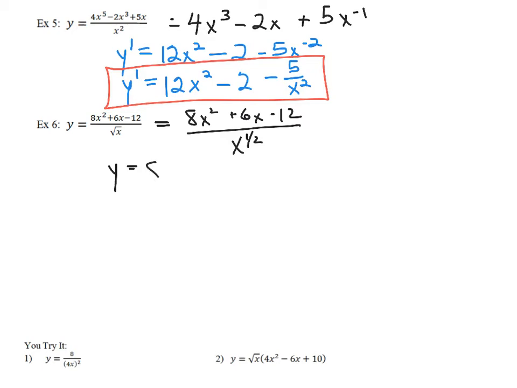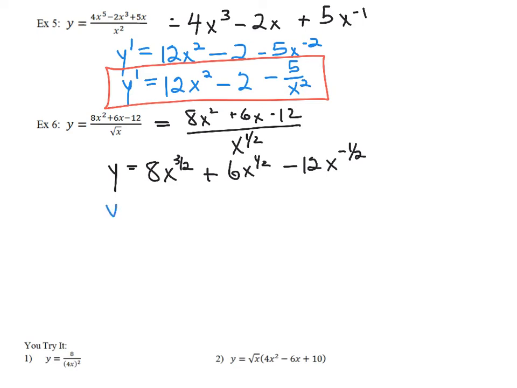So I'm going to say 8x to the 2 minus 1/2 gives me 3/2. Plus 6, x to the first divided by x to the 1/2 would be x to the 1/2. Minus 12. Now my x is going to have a negative exponent because the 12 didn't have any x to divide it by. So here is my rewritten function.